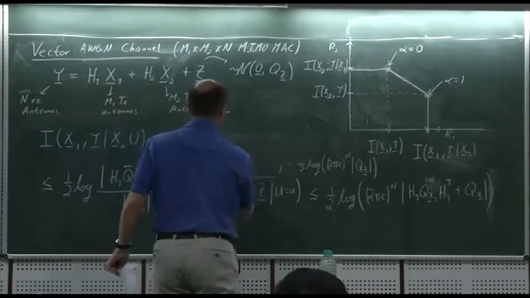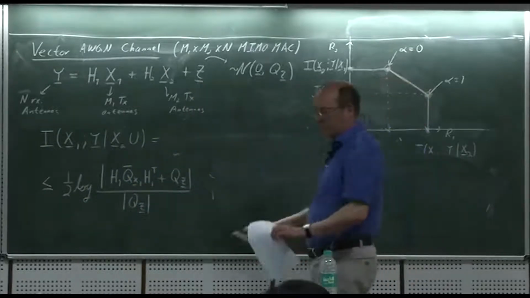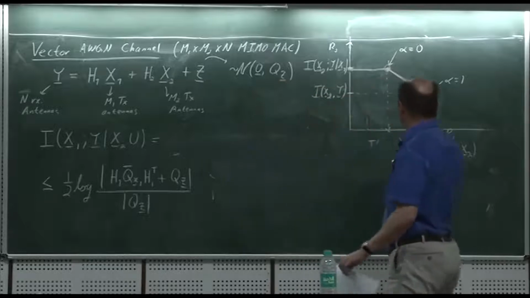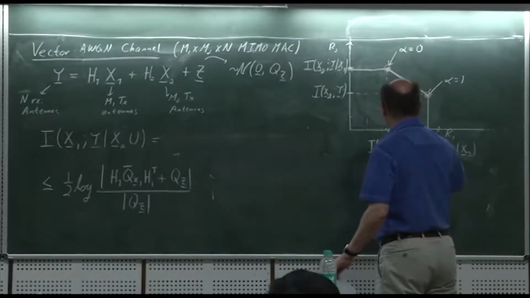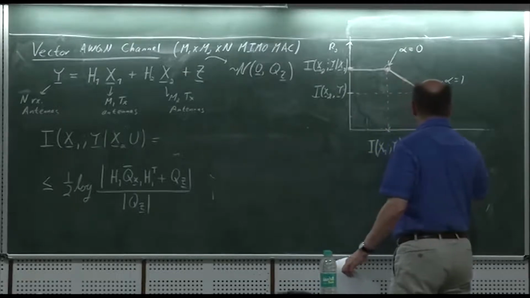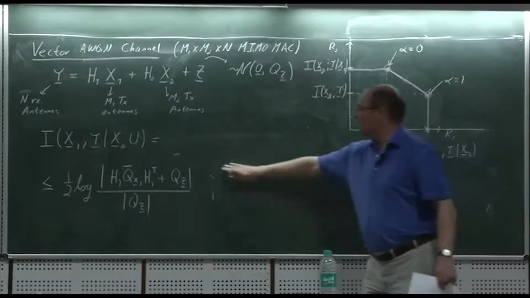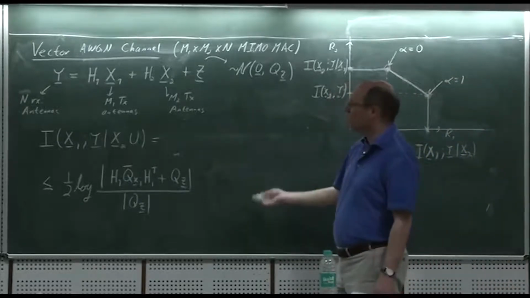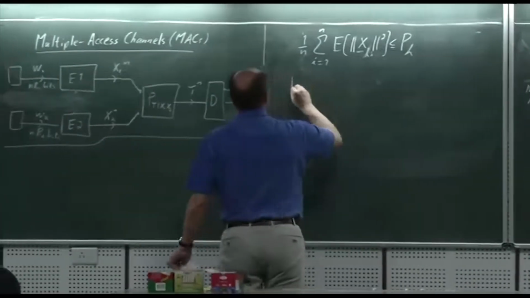Okay? And we get equality if we choose this to be Gaussian. And if the power constraint is met for the average, then the average meets the power constraint, right? So that's important to check, that we don't have a change in power. But anyway, there it is, right? So that's the first one. So the rates will look like this, R1.